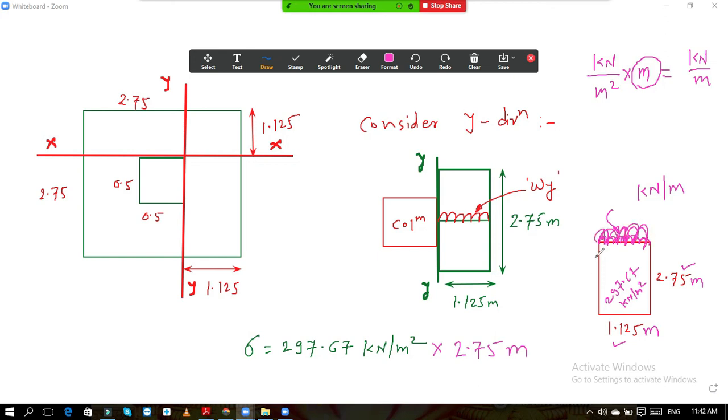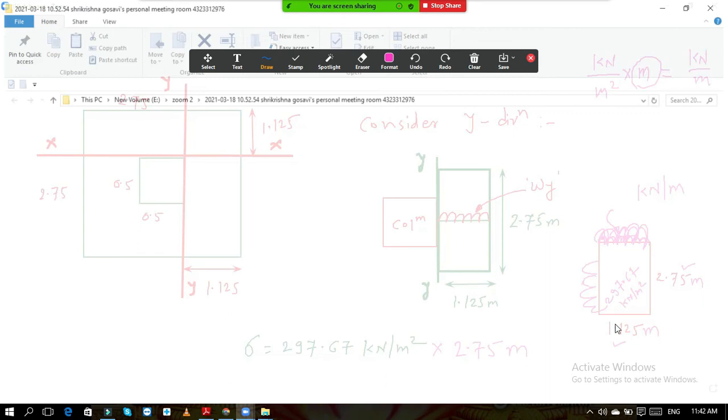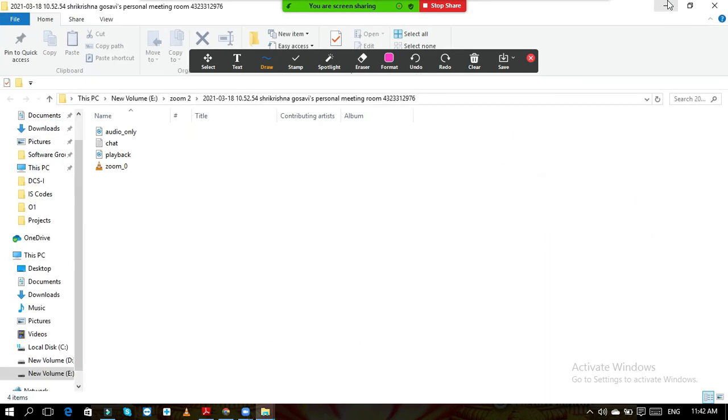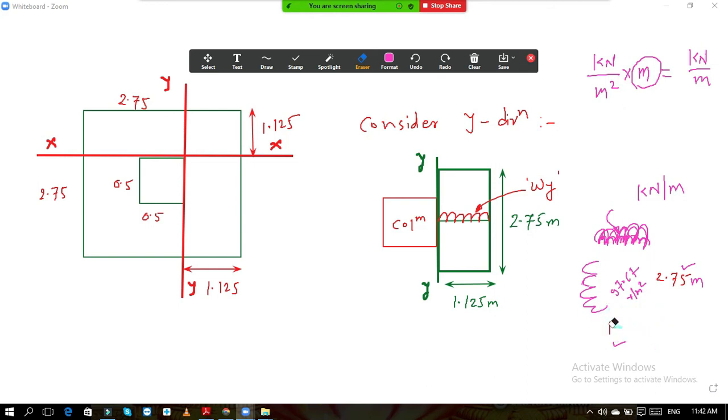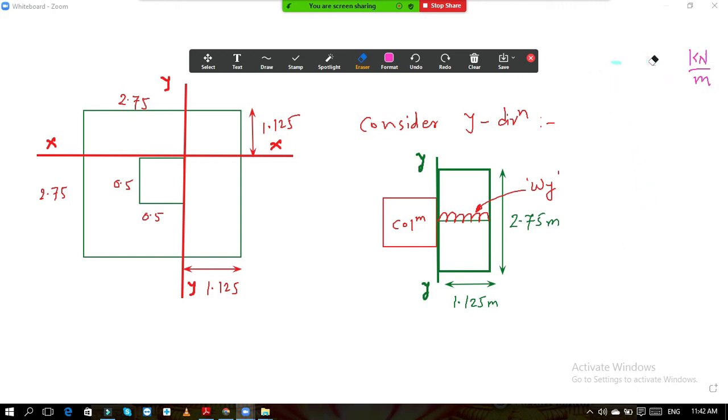And similarly, if I want to calculate the UDL on this side, what is the opposite length? The opposite length is 1.125. So I will multiply this intensity by 1.125. So now in short, if I want to calculate the UDL, see here, this is creating a moment about y-axis.